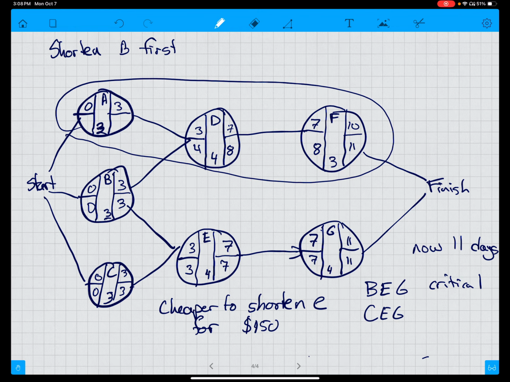I'm not going to redraw the network. I am confident that it will work, but you can do it if you think you'd like to double check. But that will shorten the project by another day. And the question also was, what happens if we cannot shorten E at all? In that circumstance, we would compare G, which is $250, to doing B and C together, which would be $100.